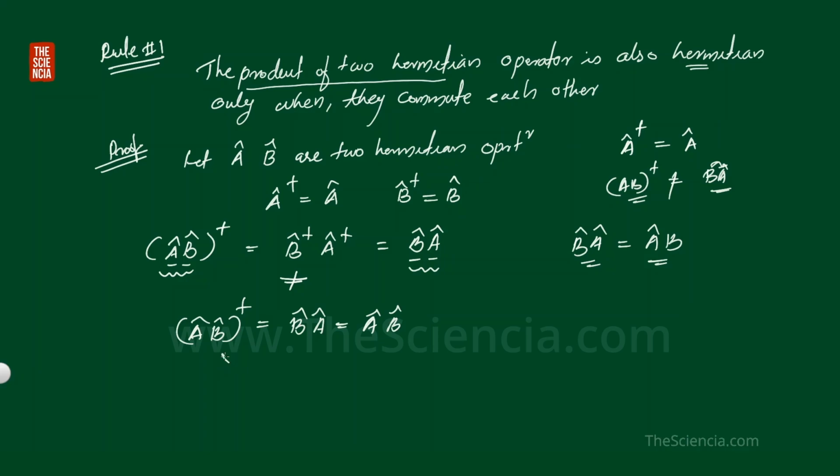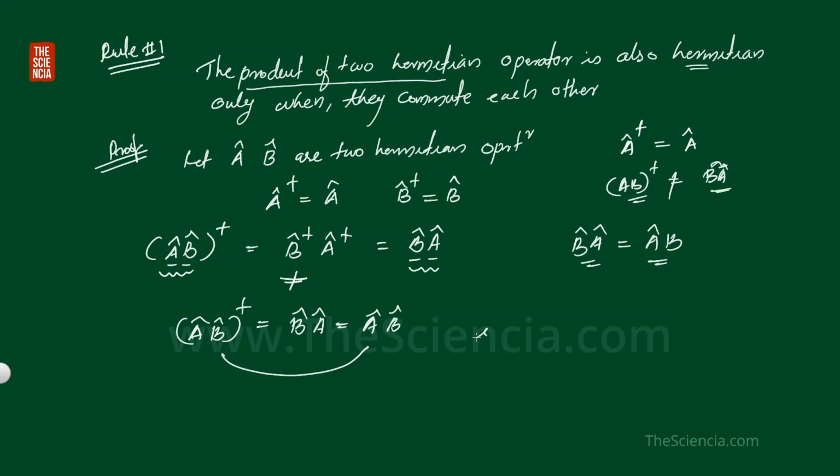So we got A dagger B dagger, so we got AB dagger is equal to AB. So now it is a Hermitian operator, right? So this is the proof.